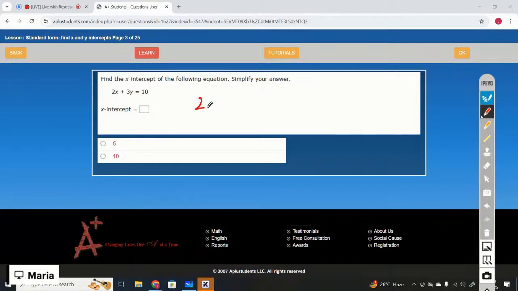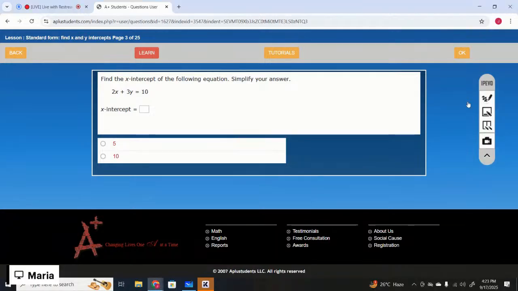So for the x-intercept, we need to put y equals 0. 2x plus 3 times 0 equals 10. 3 times 0 is 0, so 2x equals 10. x equals 5. That is x equals 5. Option number 1 is the correct option.